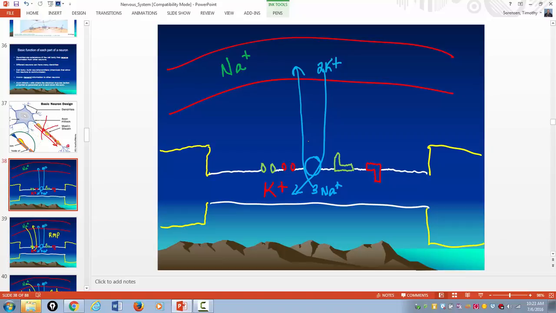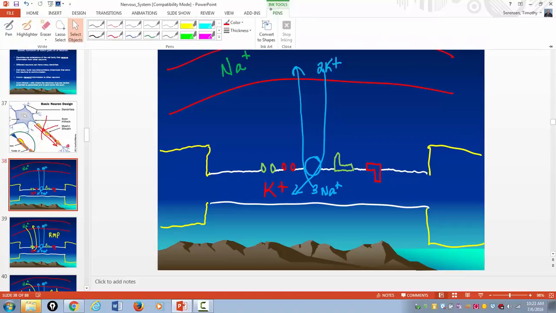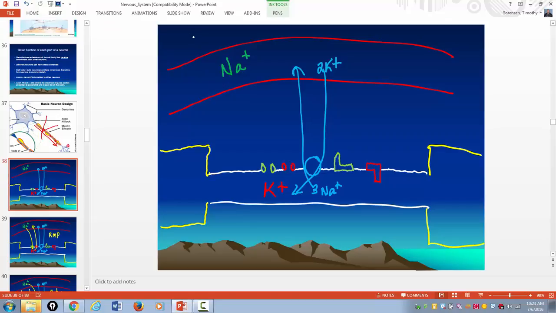First of all, if this is the membrane, the cell membrane of the node of Ranvier, embedded in the cell membrane of the node of Ranvier are these little protein channels. Now, sodium and potassium can't simply leak in and out of the cell. They have to have a way to get in.